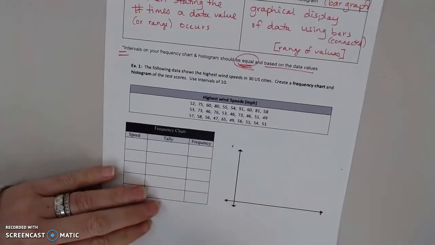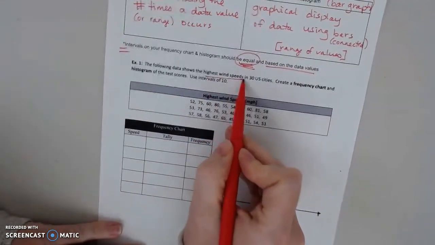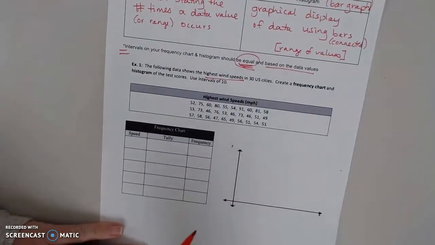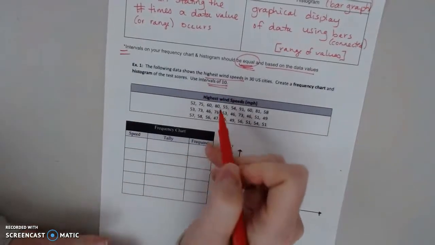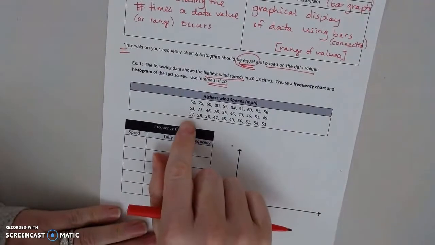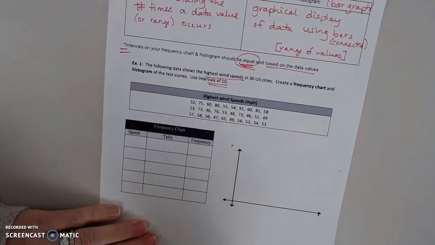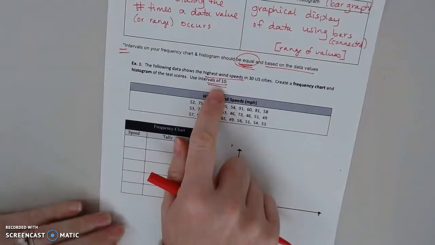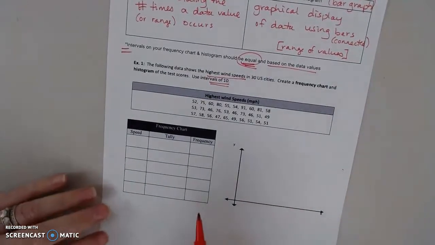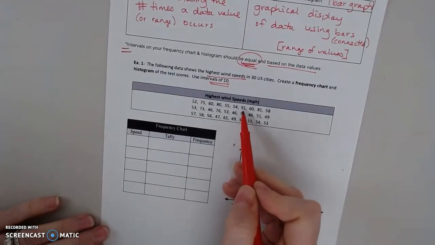All right, so we're going to do one example, and we're going to do both of them. These are high wind speeds in 30 different cities, and we're going to do a frequency chart and a histogram. Okay, I'm going to tell you on this one to use intervals of 10. If I don't, then you get to pick. But you'll notice the numbers range from 40s, 50s, 70s, 80s, so that kind of makes sense. For our speeds, it looks like the highest one is 91.